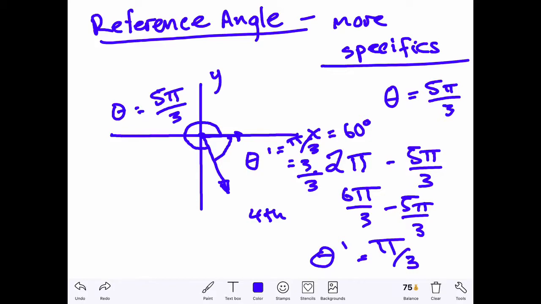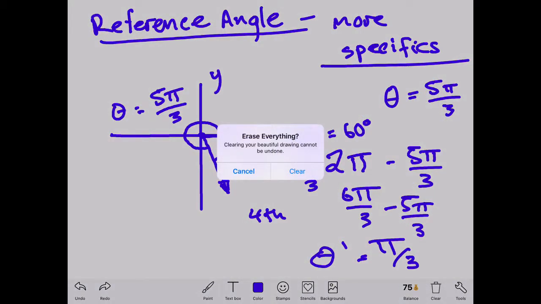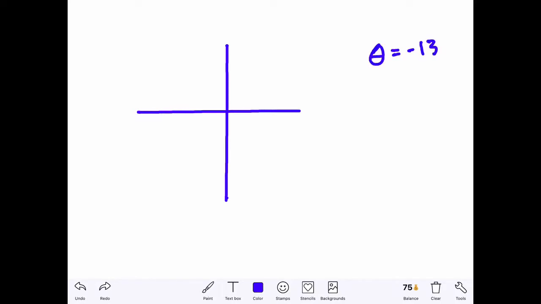Okay, let's look at another one. How about theta equals negative 130 degrees?